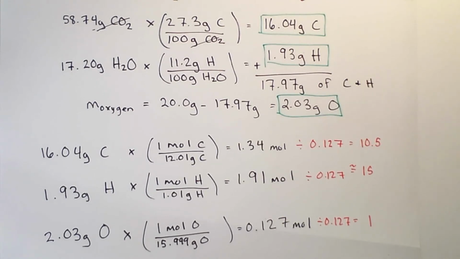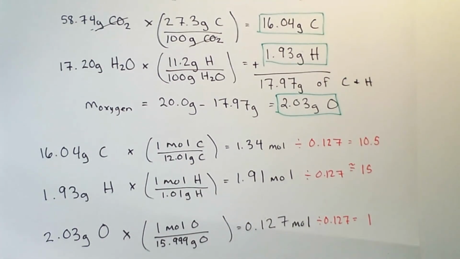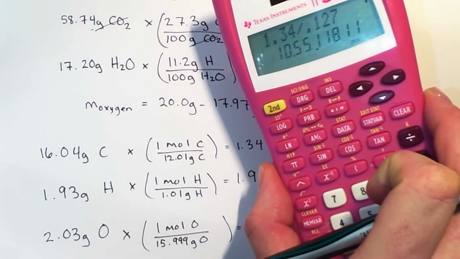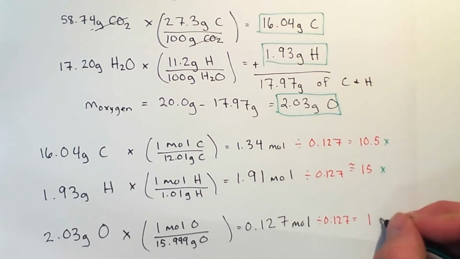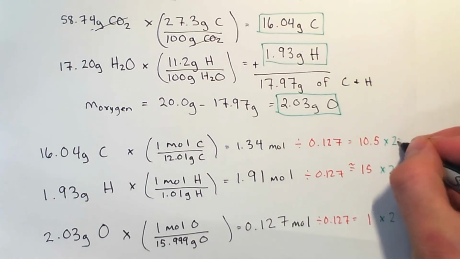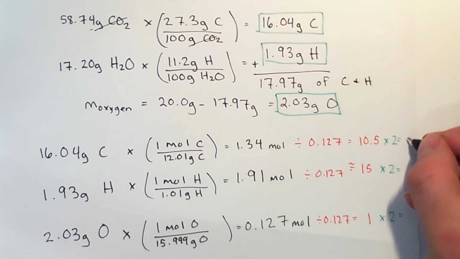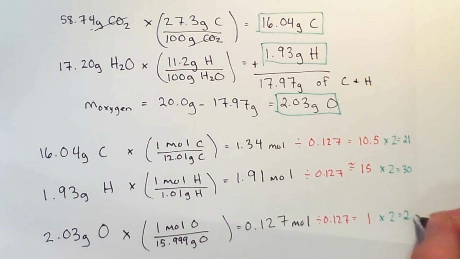Well, it's not ideal because one of the coefficients is 10.5. So I'm going to have to multiply all of these by a coefficient, remembering that we have to multiply all of them. To get rid of the 0.5, we'll use 2, so this becomes 21, 30, and 2.